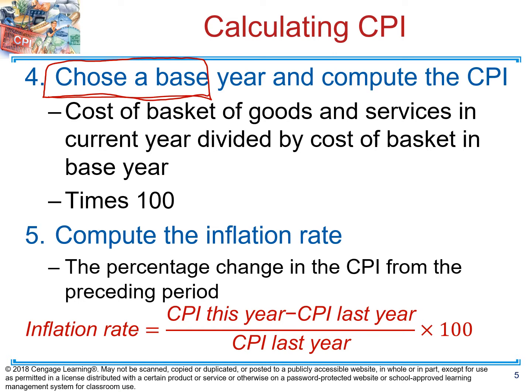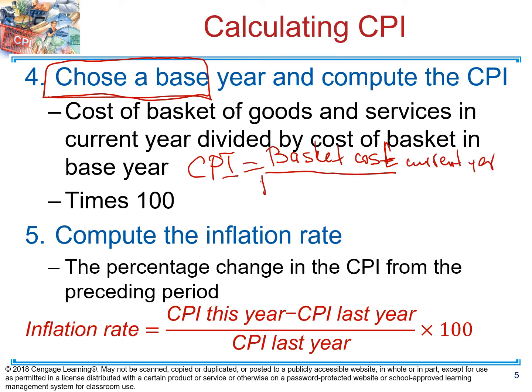And this CPI, they say this in words over here, but CPI is going to be the basket cost of the current year divided by the basket cost of a base year.